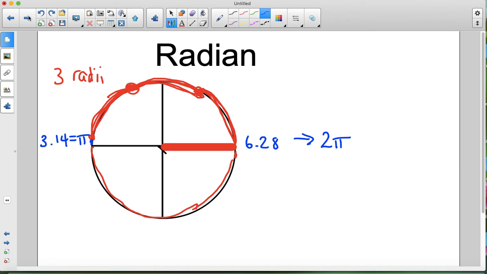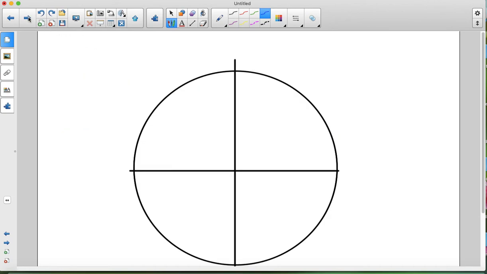Okay, so moving along. Now, how do we divide our circles so that we understand what all this pi business means? First, we're going to divide our circle into the fraction of pi over 2. You're going to see things like pi over 2, 3 pi over 2, 7 pi over 2. We're going to locate where all these pi over 2's are on the unit circle.